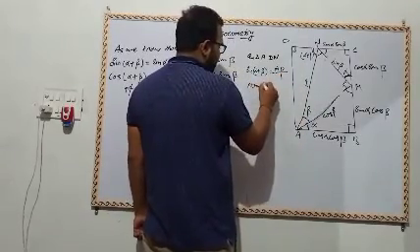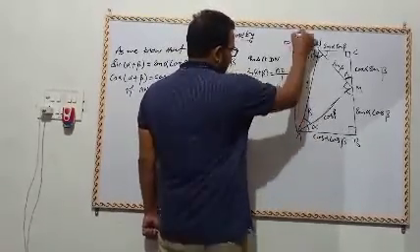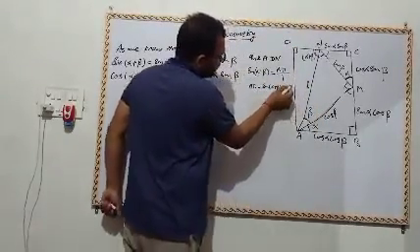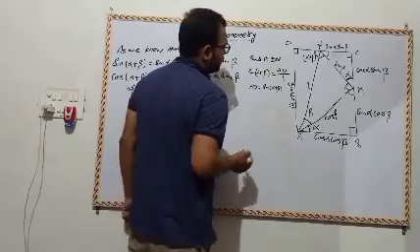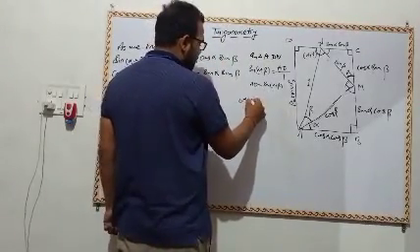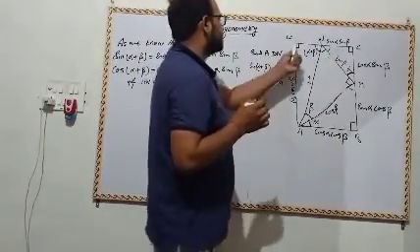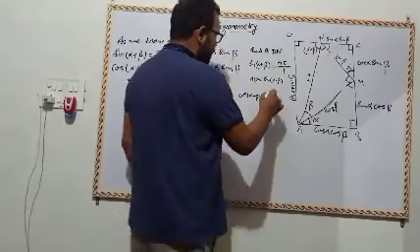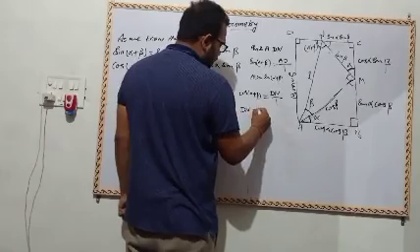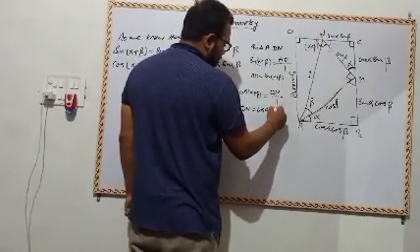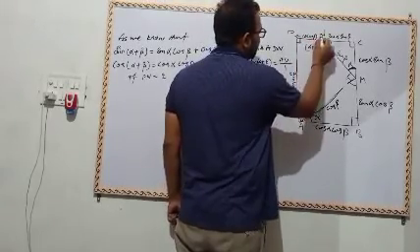So AD is equal to sin(alpha plus beta). Now we will take cos(alpha plus beta). Cos(alpha plus beta) means base DN by hypotenuse 1. So DN is equal to cos(alpha plus beta).